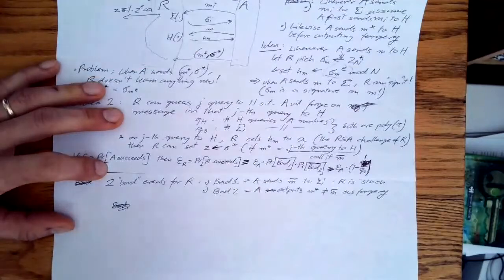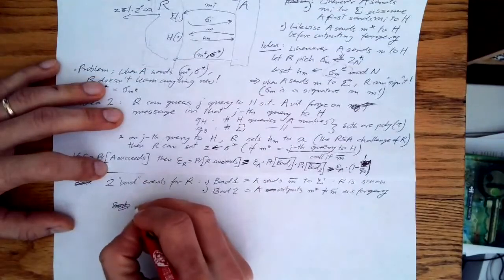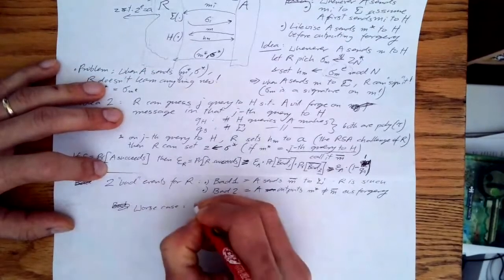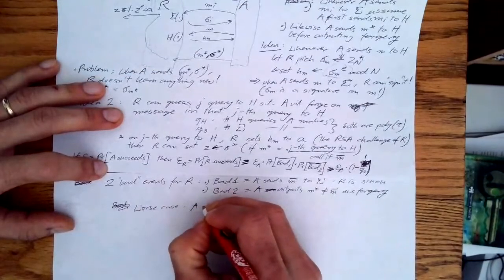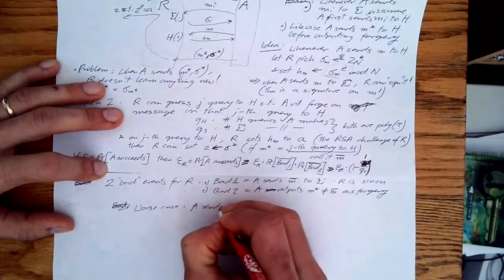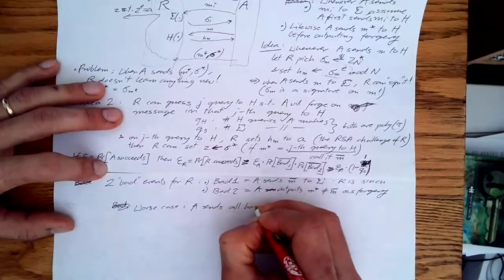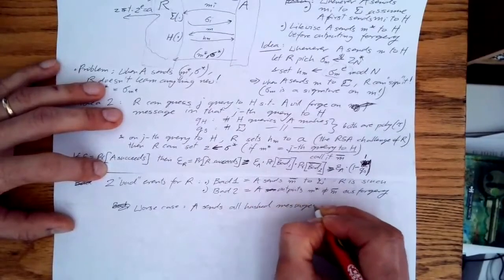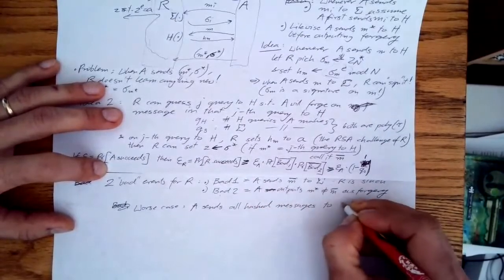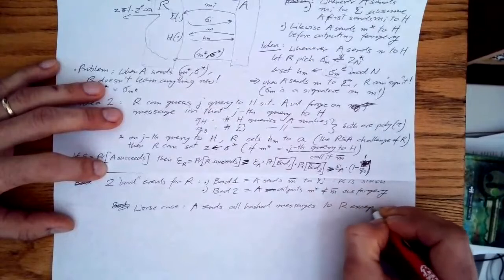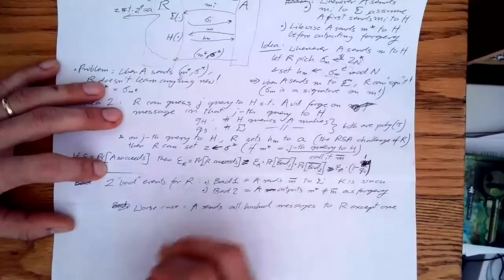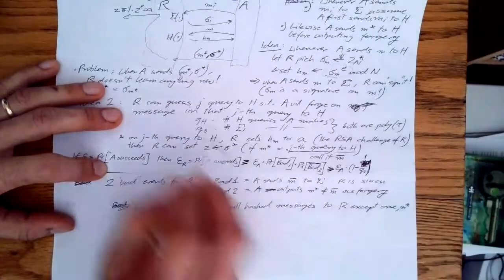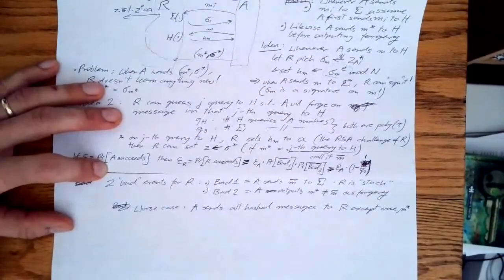Okay. So let's just reason like this. Worst case, A sends all hashed messages to R except one, which is the M star that he uses in forgery.